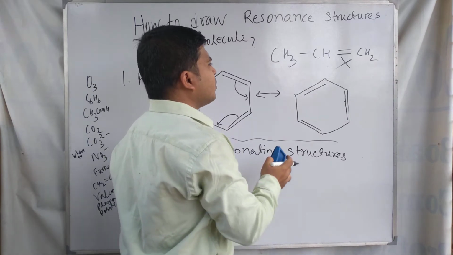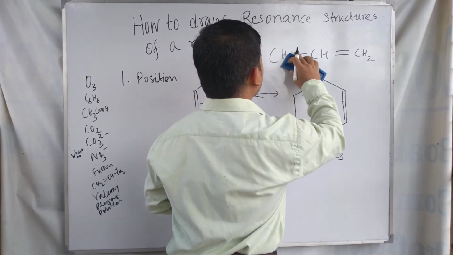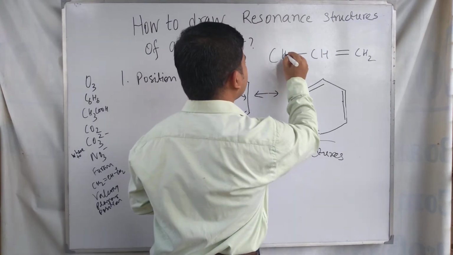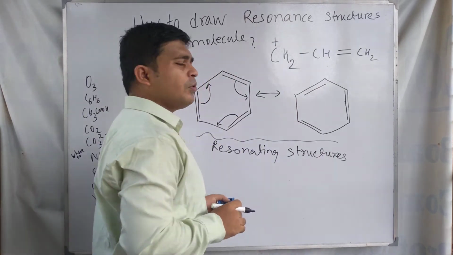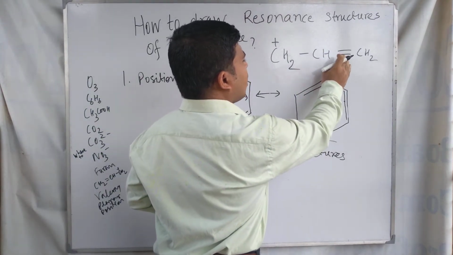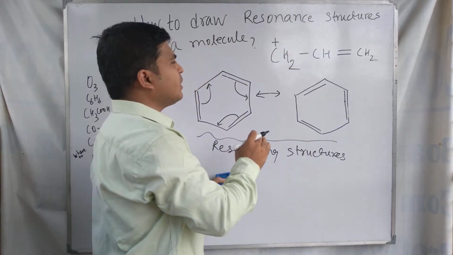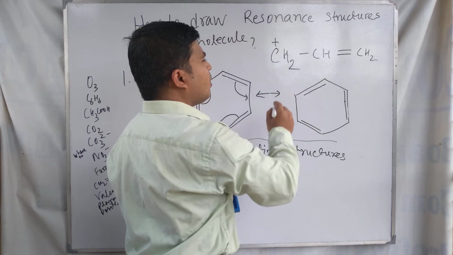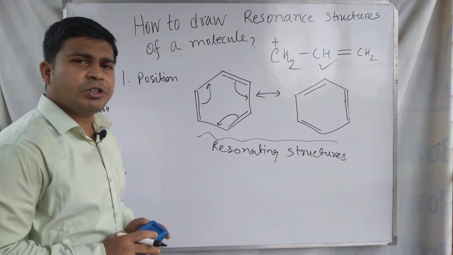Okay, next important point is, suppose this molecule. For this molecule, see, here one double bond is here, and here the plus charge carbon is a planar carbon. So for this reason this compound can show resonating structures.